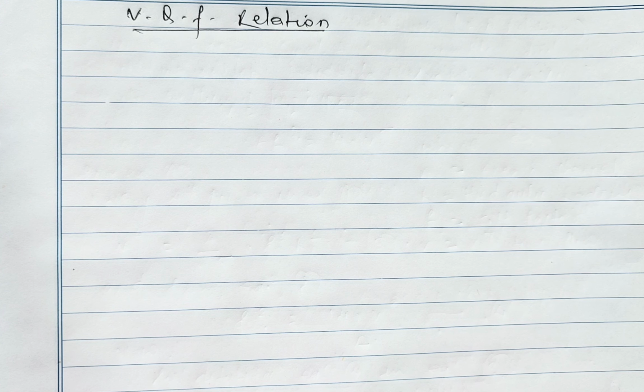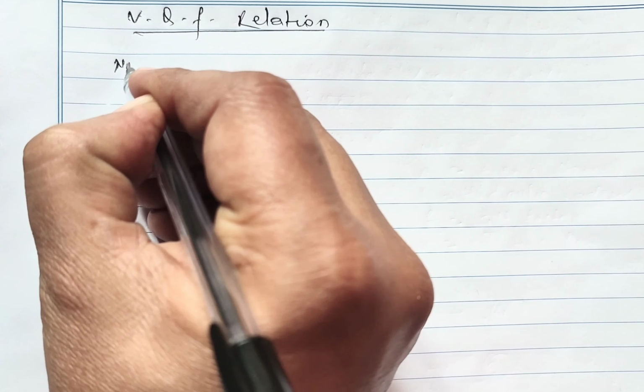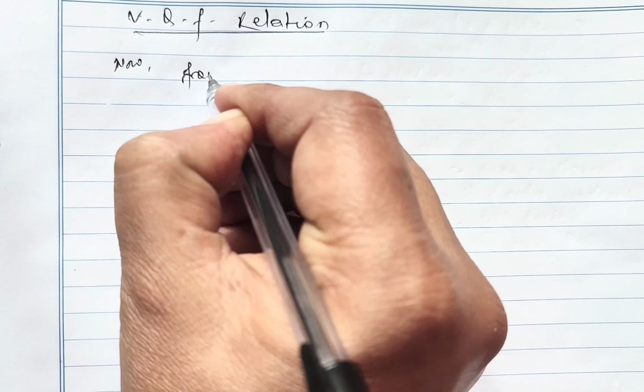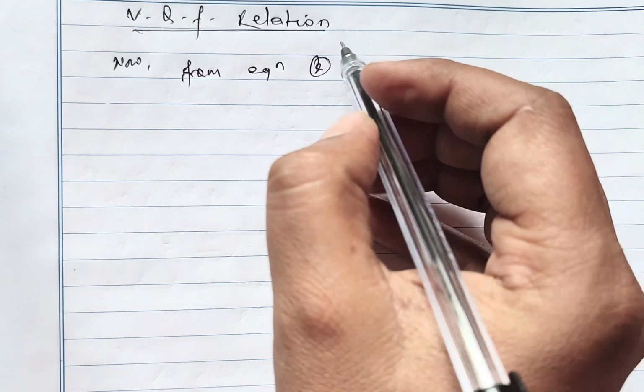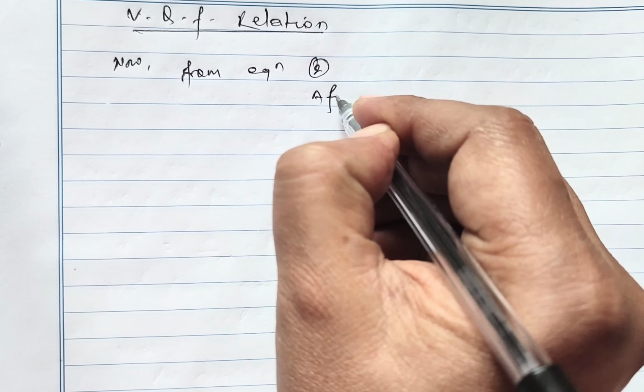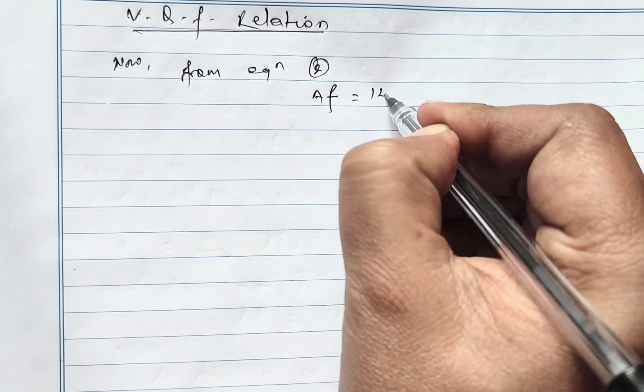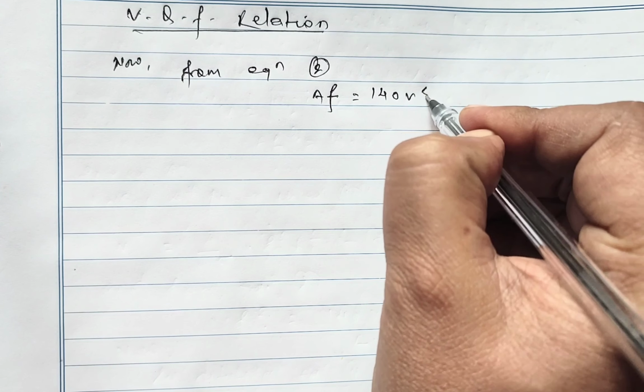Again, we will check out the VQF relation. It is a relation expressing V in terms of Q and F. Now, from equation 2, that we have mentioned earlier in this video, A F square equals 140 P power 5.